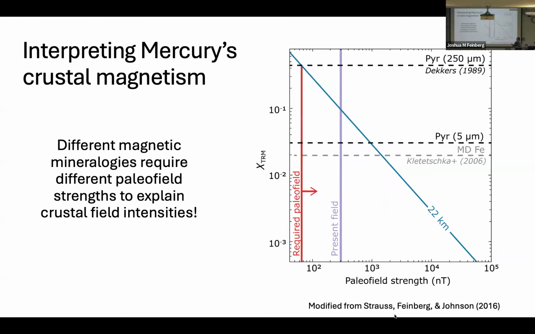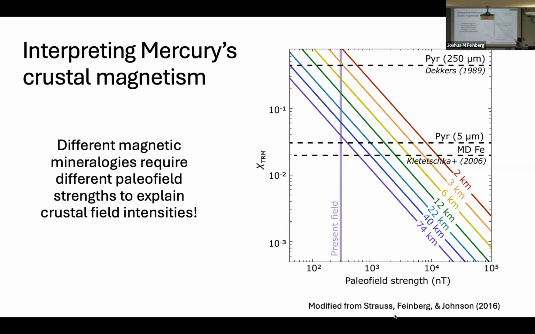On the other hand, if you assume that pyrrhotite is the main magnetic carrier, you can accommodate much weaker paleofields. So you could essentially have a history where Mercury's dynamo hasn't changed very much over time, and then you would have to understand how that's possible. And of course, if you change the thickness of the layer that you assume carries that magnetization, you get even more room to play there.